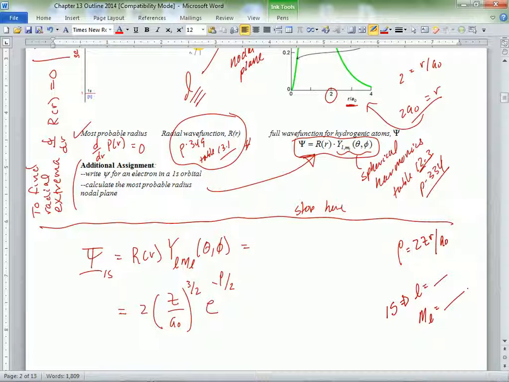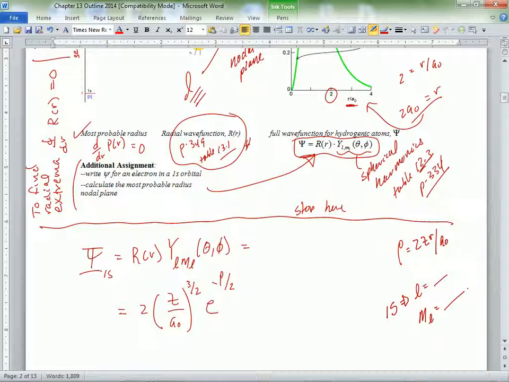Concept preview. Back to chapter 12. 1s would be 0. For any s, l is 0. Because that means p would be 1 and so on.